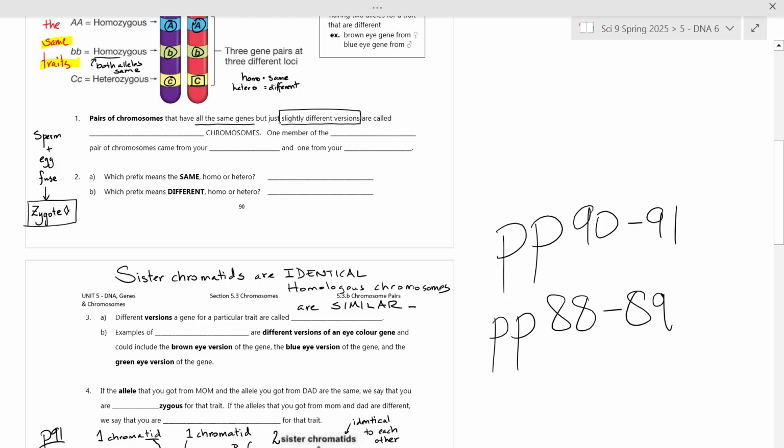So basically pages 88 to 91. And you're going to start on your cheat sheet.